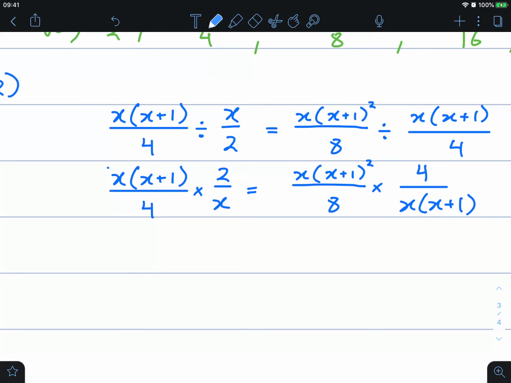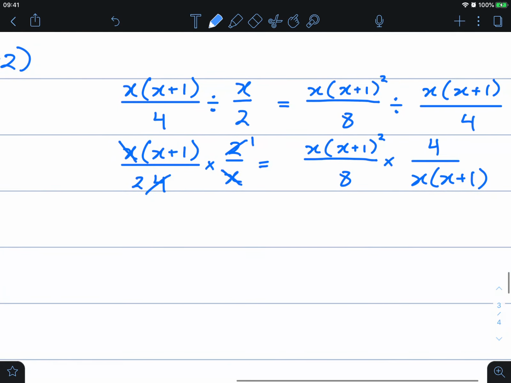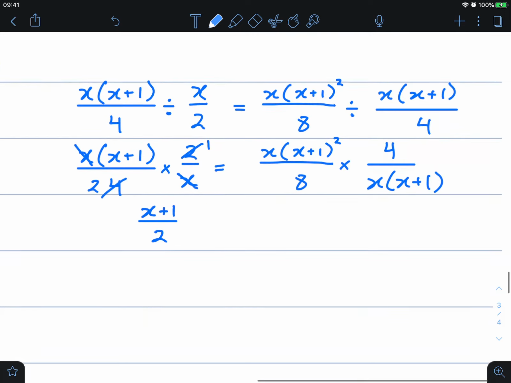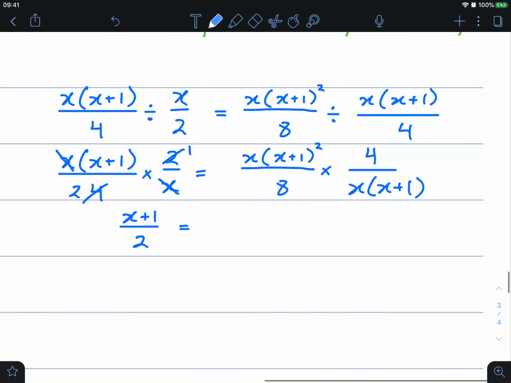So we can cancel. x divides out x. 2 and 4 divide out to become a half. So we're actually left with, on the left hand side, x plus 1 divided by 2. Doing the same here. x cancels out with x.